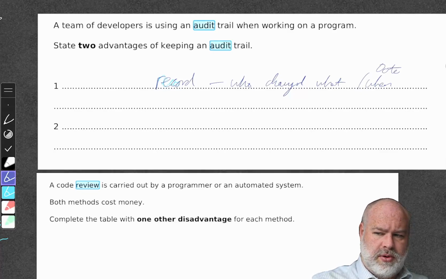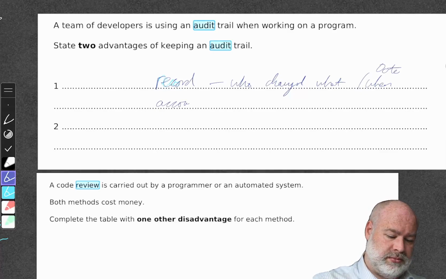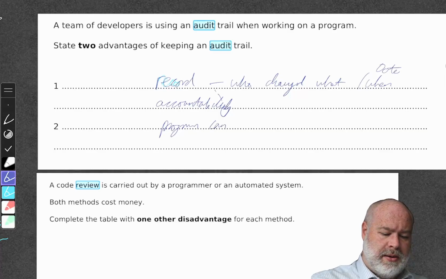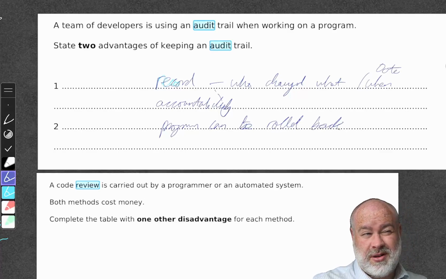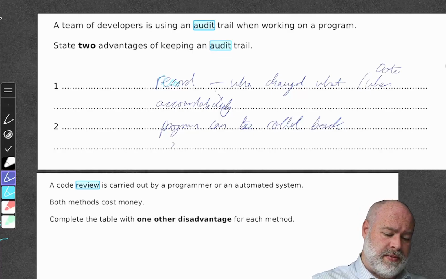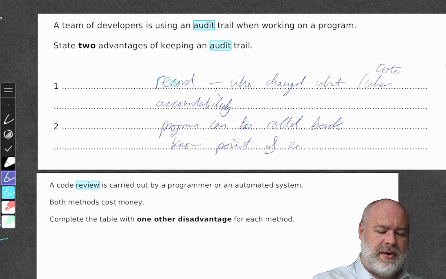And you could also put improves accountability. Program can be rolled back to an earlier version that we knew worked, and you'll know the exact point of failure, or point of error, should we say.